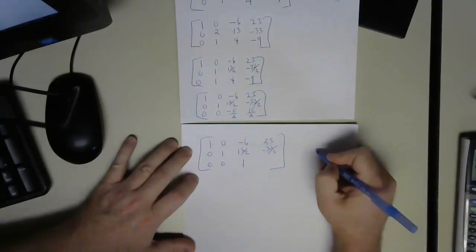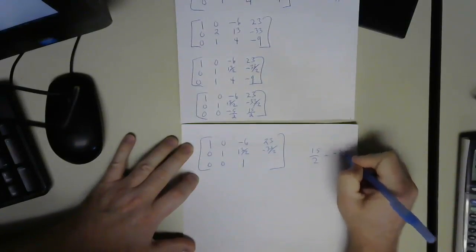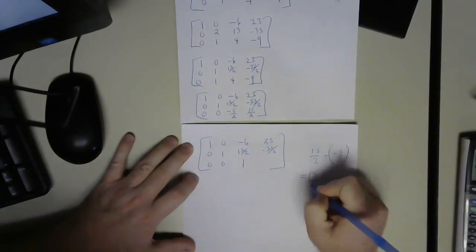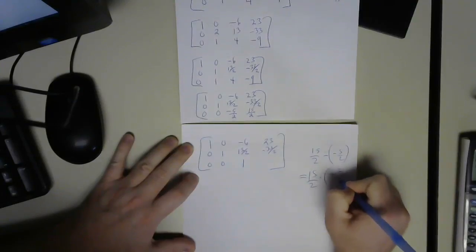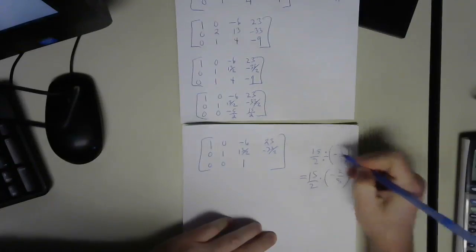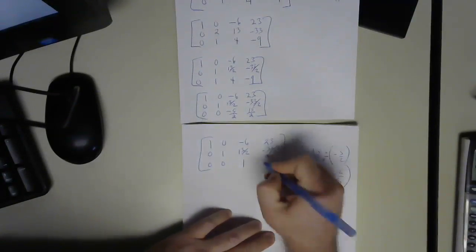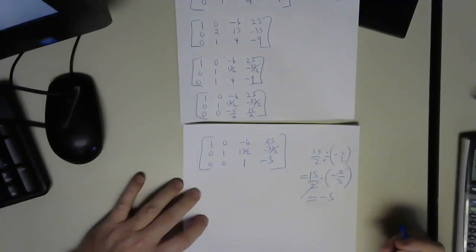So I have to be a little bit careful. Let me see. 15/2 divided by -5/2. So remember, when you divide by a fraction, you multiply by the reciprocal. That'll cancel the 2's out. So it looks like -3. So that turns into something nice.